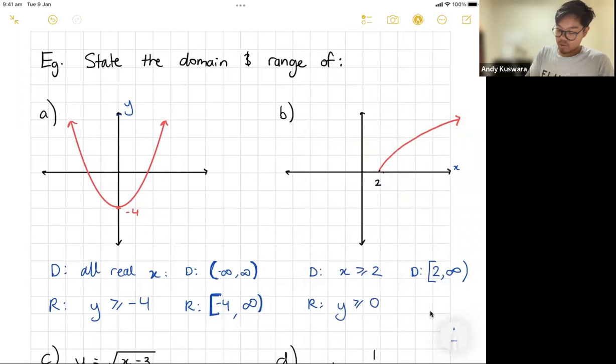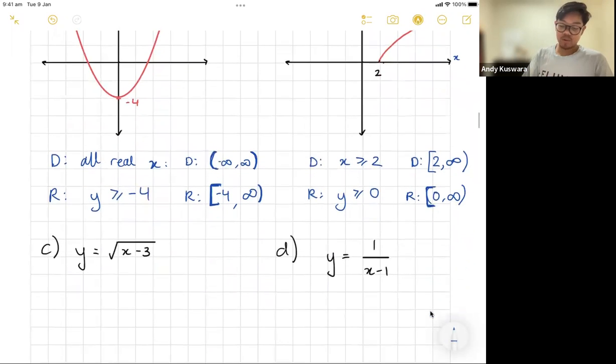And so my range goes from 0 to positive infinity. Can equal 0, so square bracket, can't equal infinity, rounded bracket. Okay, so that's how you would do it graphically just by looking.